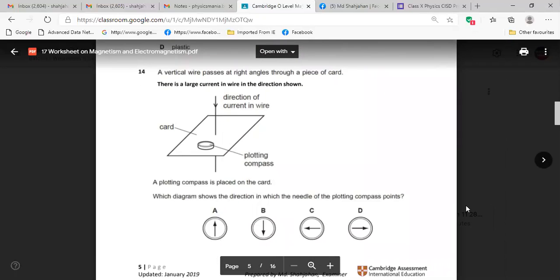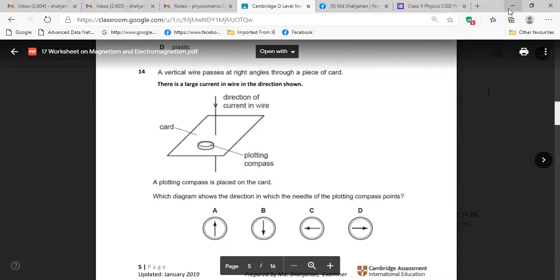Then 14. D. So should it be clockwise or anti-clockwise?